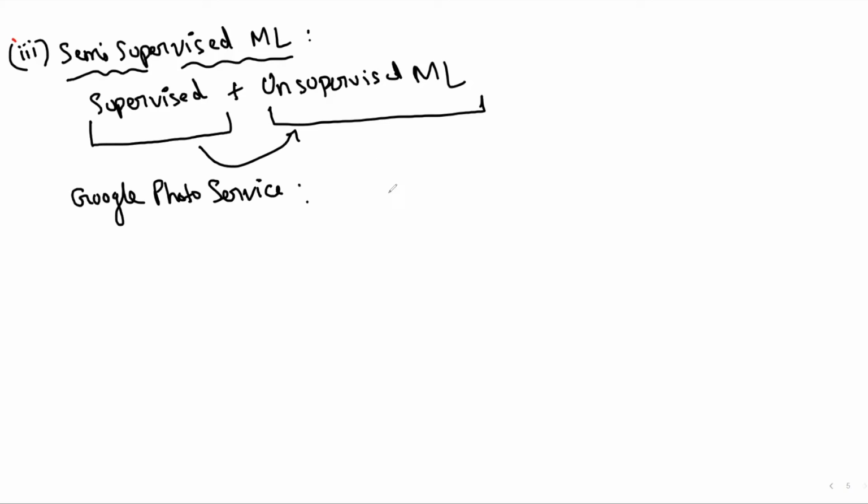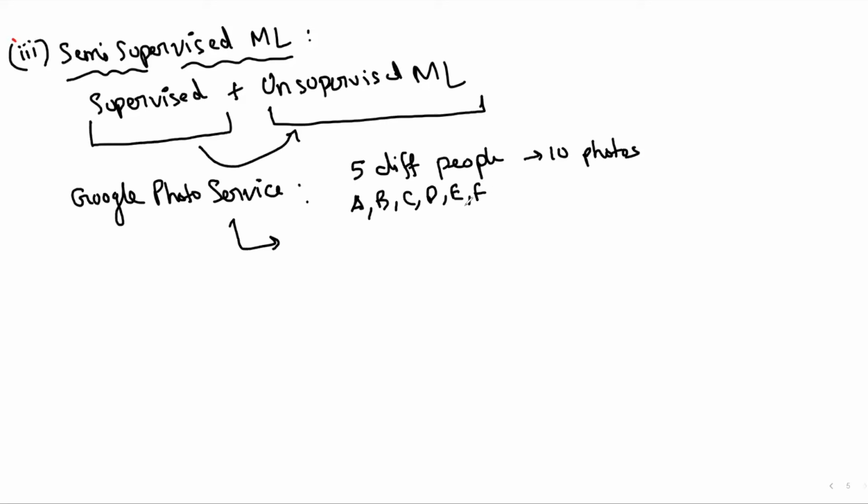What happens is, let's say we take 10 photos of 5 different people, A, B, C, D, E. The Google Photo Service will easily identify that this particular person, let's say A, was present in 3 of these 10 photos.